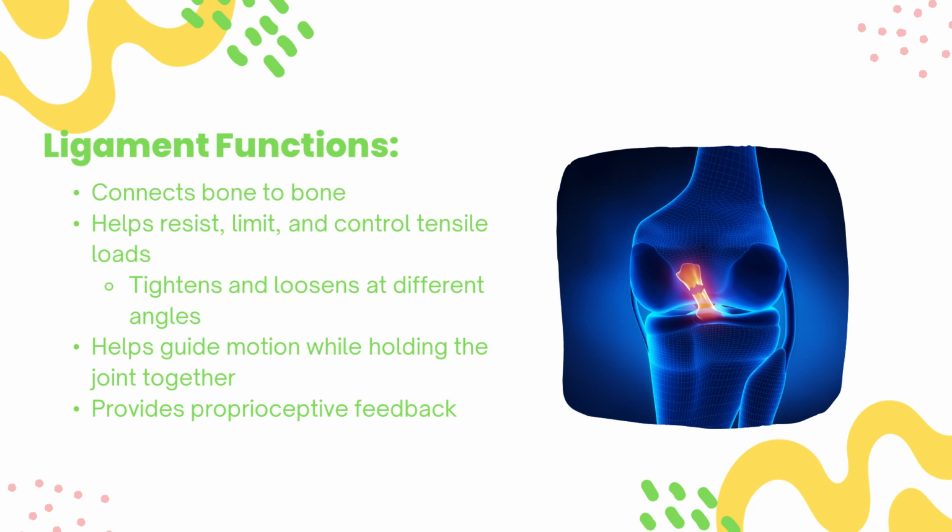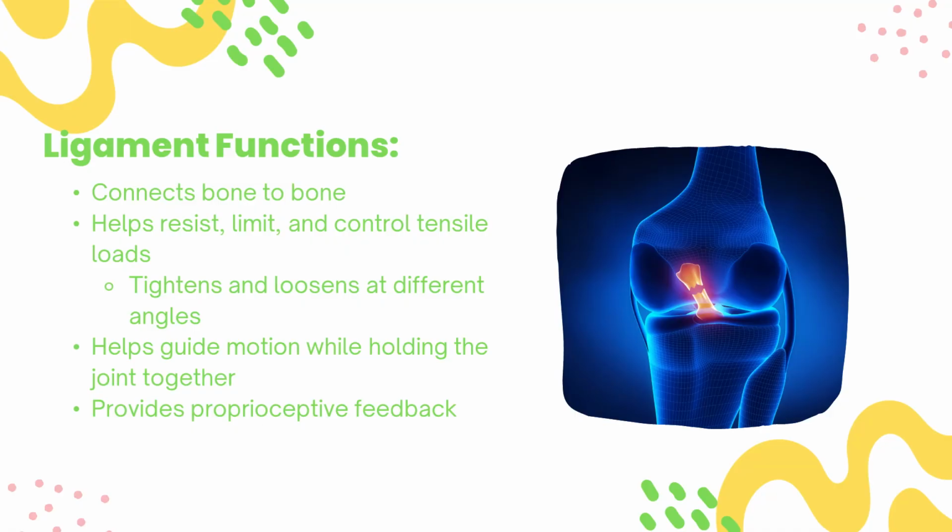Because of that as well, the ligaments hold the joint together while they're guiding the motion. So they do not allow for those minor excessive little motions. As we're moving through motion, we don't want all of this to happen as the muscles are pulling on the joints. So the ligaments are going to hold stable and allow that motion to move smoothly through our ranges.